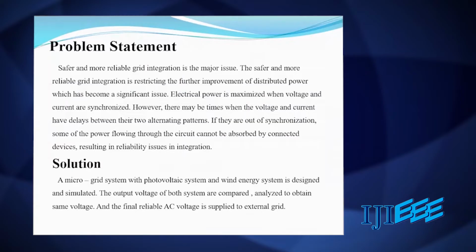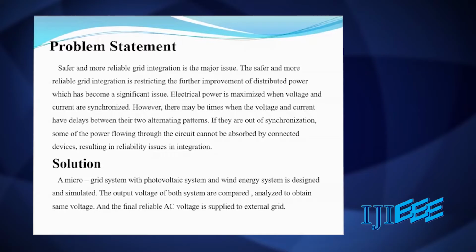Next, going to the problem statement, safer and more reliable grid integration is the major issue. It is restricting the further improvement of distributed power, which has become a significant issue. Electric power is maximized when voltage and current are synchronized.